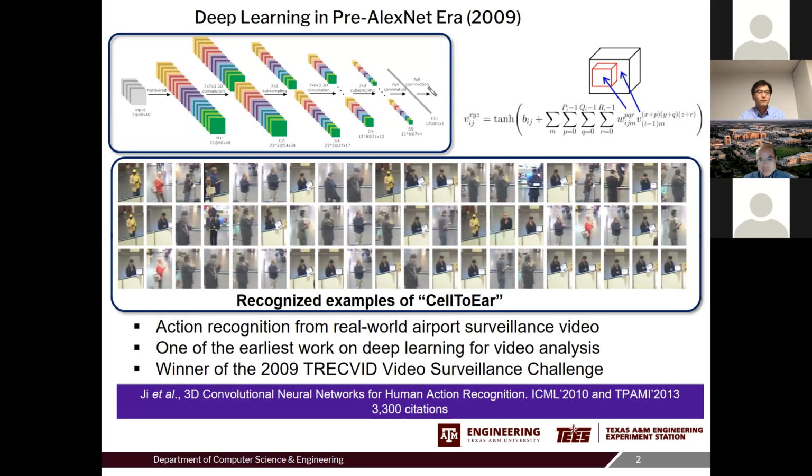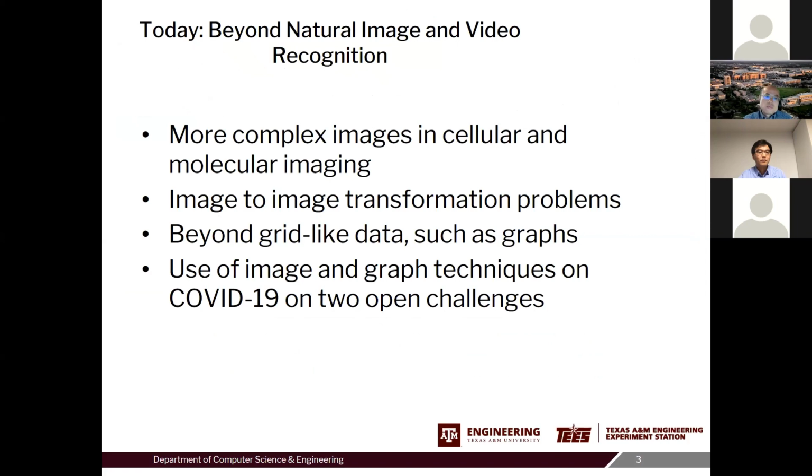This was more than 10 years ago, and more recently we have been working on more complex imaging problems. I'm more interested in images at the cellular and molecular level, and we also work on slightly different problems in recognition. Dingao talked a lot about segmentation, etc. This is one form of image-to-image transformation.